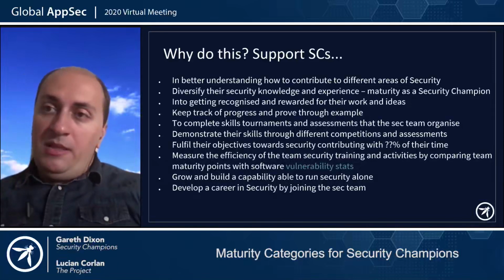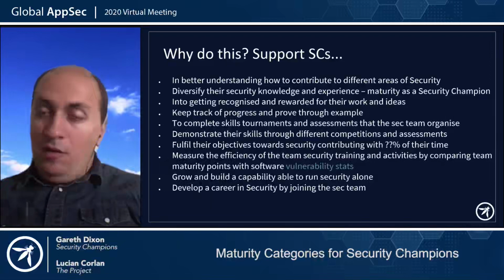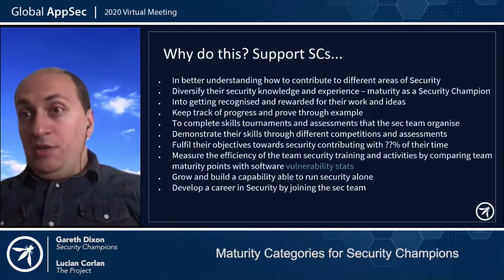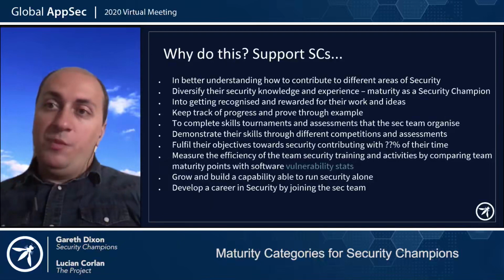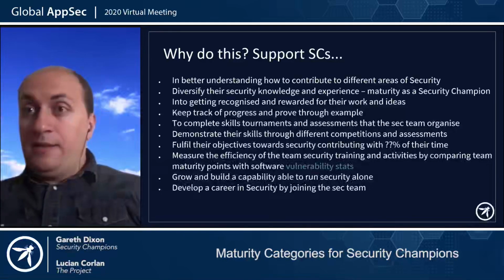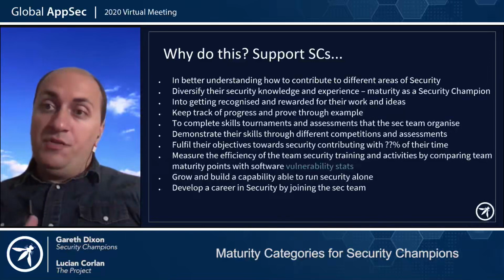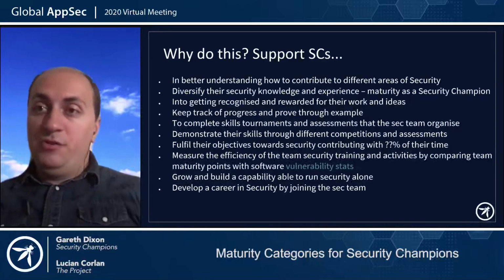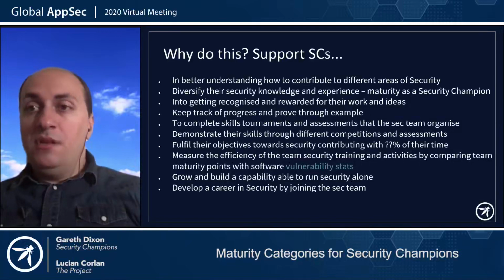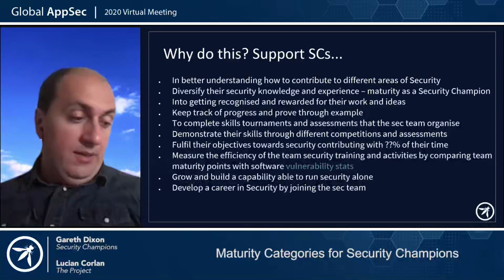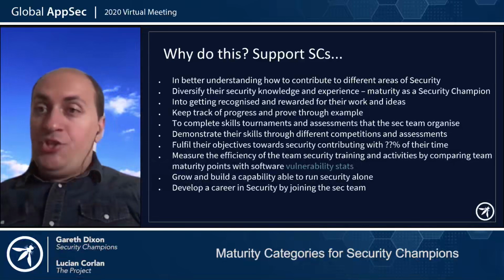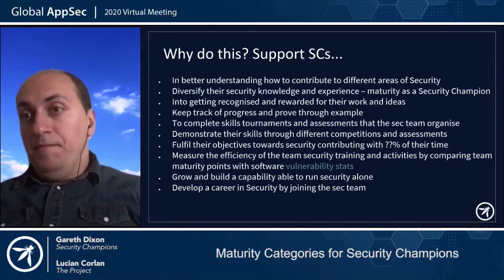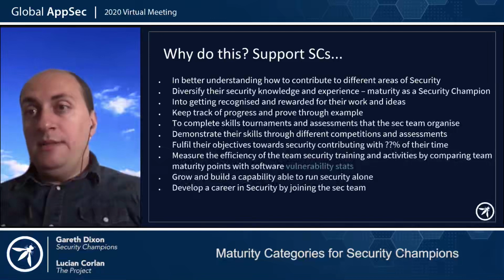But obviously, depending on your business, depending on the experience of the champion, depending on the dimension of your security team, as Gareth was mentioning in the statistics slide earlier, the ratio of security champions to security team is 1 to 4. It will be 1 security person and 4 security champions associated with that security professional. How much time do they need to dedicate? Again, 10% is our recommendation, but it is up to you to determine that.